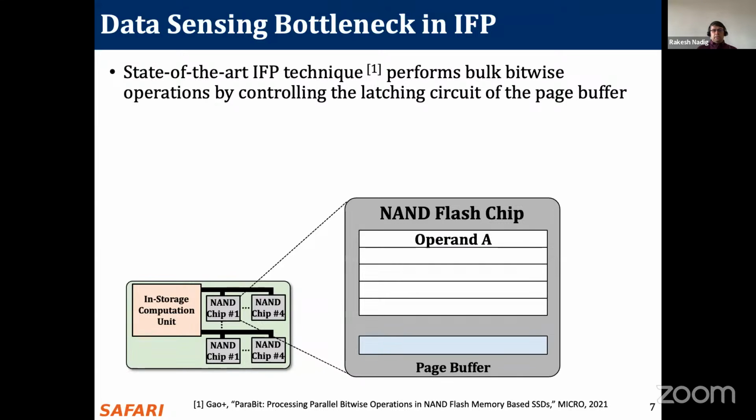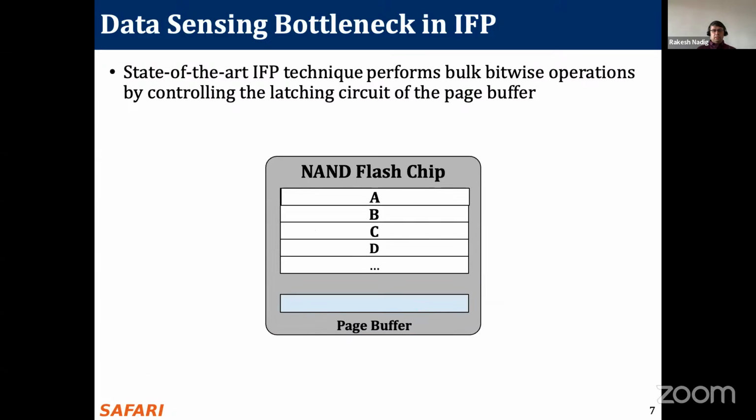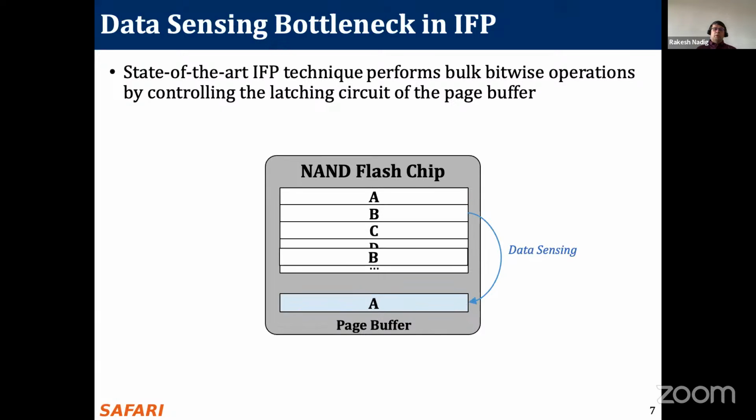Typically we store each operand of a bulk bitwise operation within these NAND flash chips. So let's say we consider 4 operands here and we store them in different pages. In this state-of-the-art approach, we perform these bulk bitwise operations by performing data sensing, and this is done one after the other.